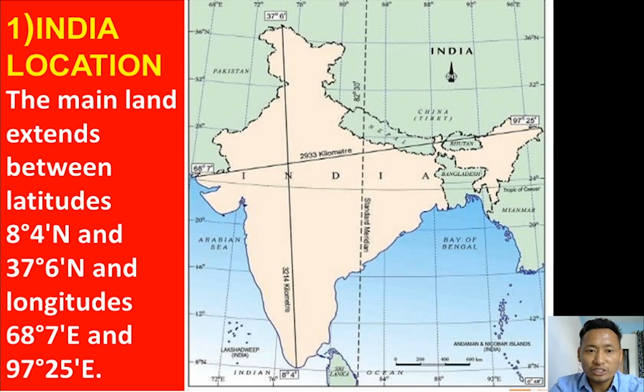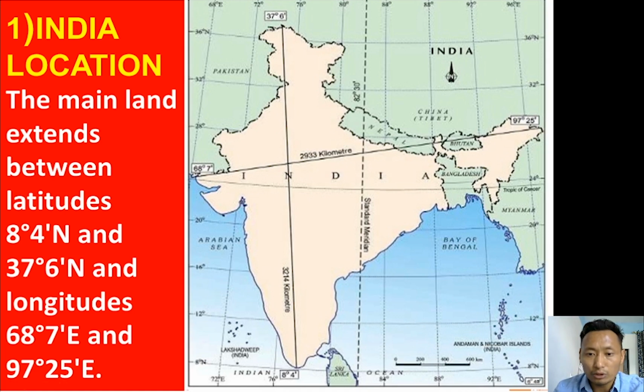If we talk about the location of India, it lies between certain latitudes. Below that we have the equator, which is 0 degree. If we count from 0 degree, the southernmost part of mainland India touches 8 degree 4 minute north. Why north?